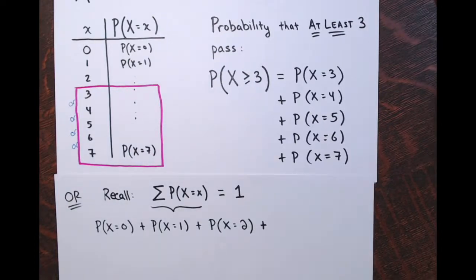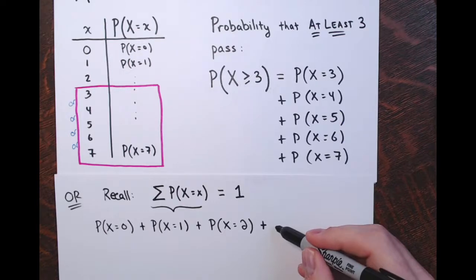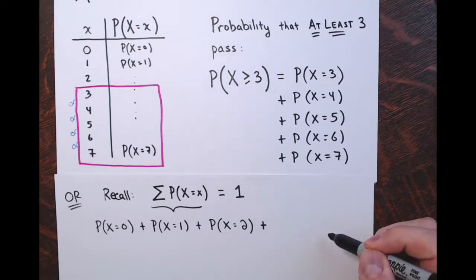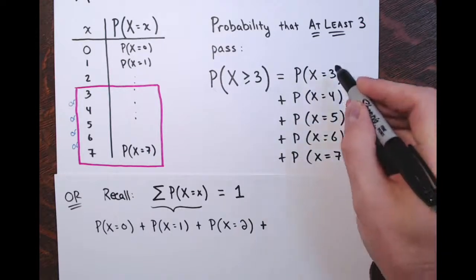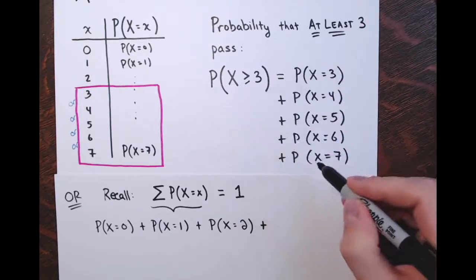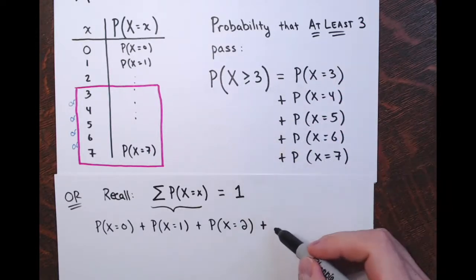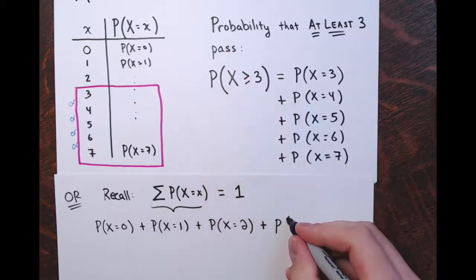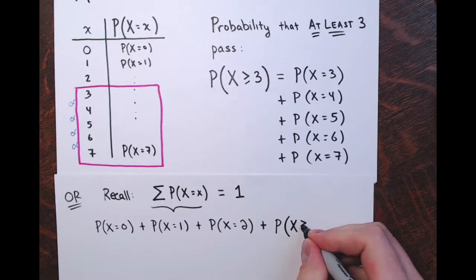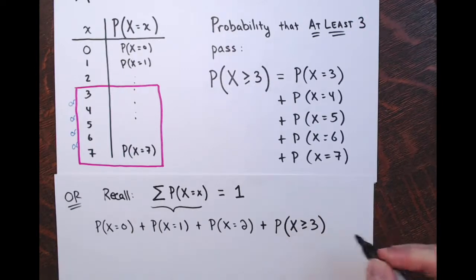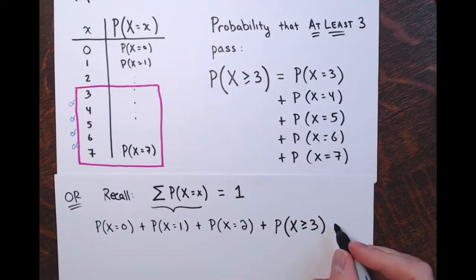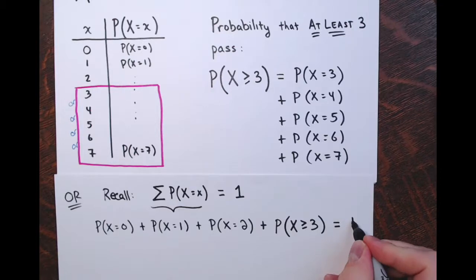The rest of it would be getting exactly 3, exactly 4, exactly 5, exactly 6, exactly 7, which is this right up here. So the rest of this, from 3 to 7, is the probability I wrote up here, the probability that x is greater than or equal to 3. I'm just putting this instead of all these again. So this is the sum of all the probabilities, and as I said, this should be equal to 1.